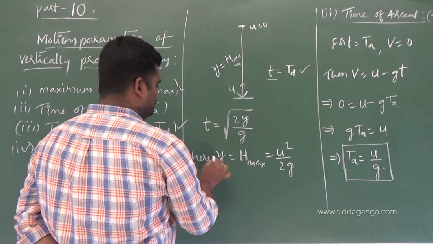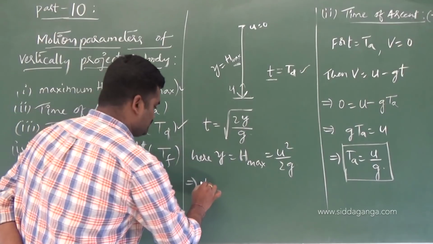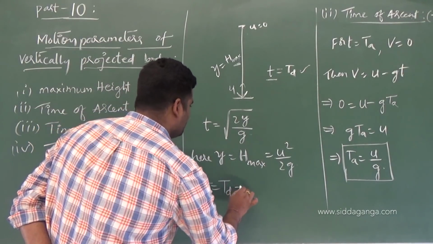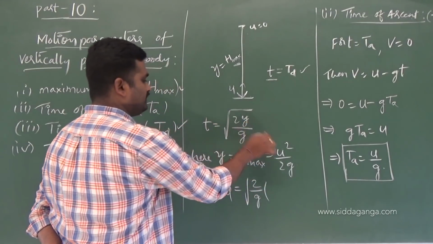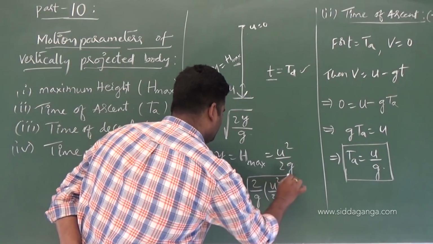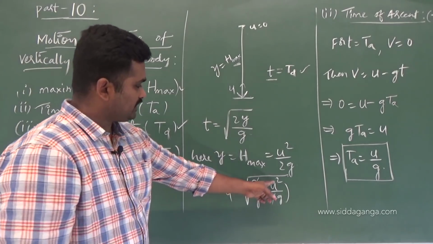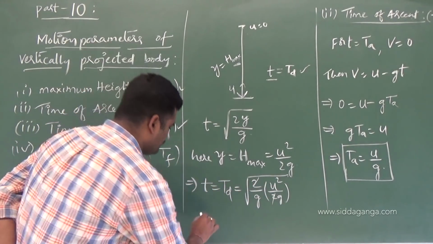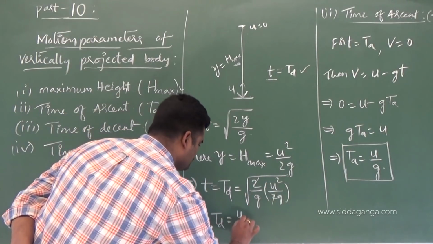For y equals H maximum equals u square by 2g, the time of descent will be root of 2 by g into, in place of y, u square by 2g under root. See, these 2 will get cancelled. Remaining is u square by g square. So time of descent equals root of u square by g square, which means u by g.